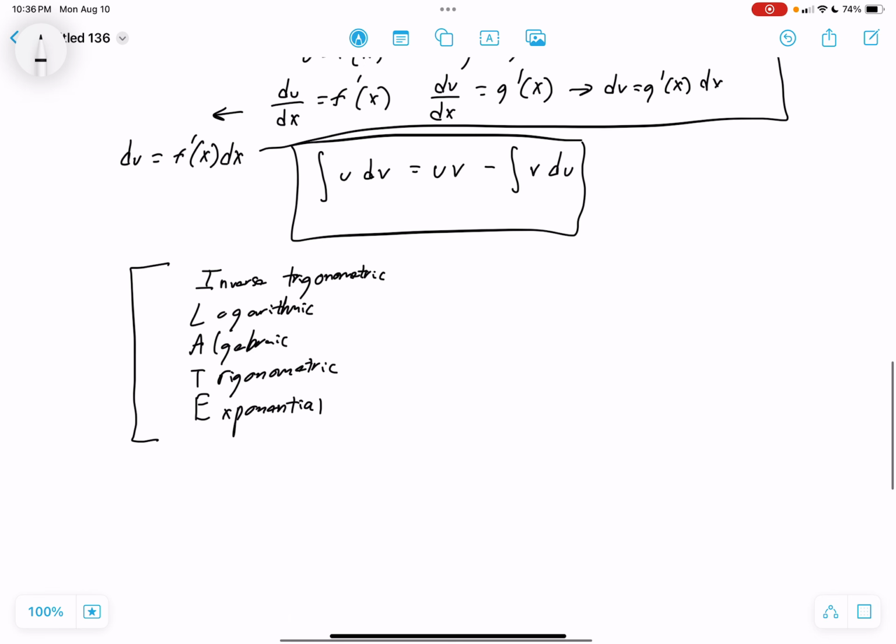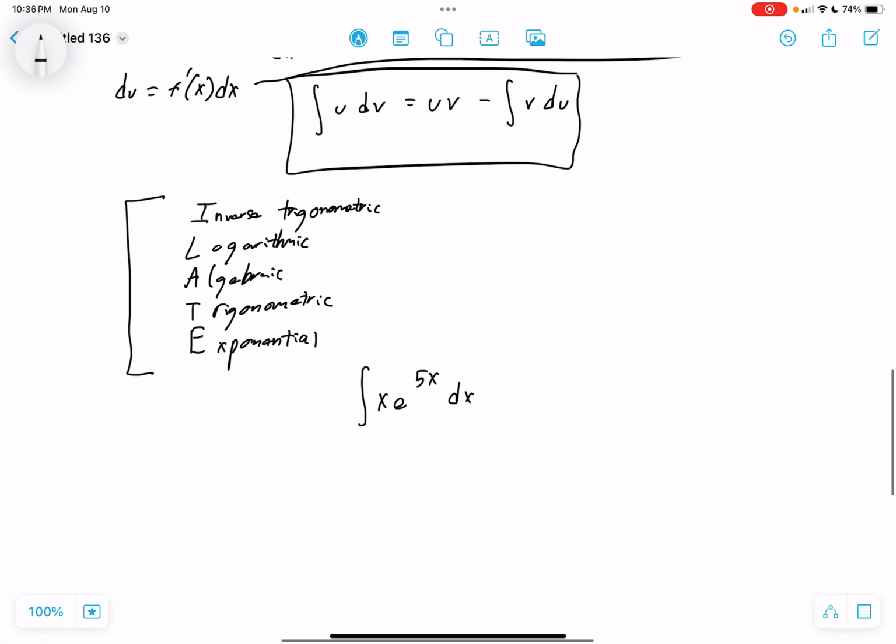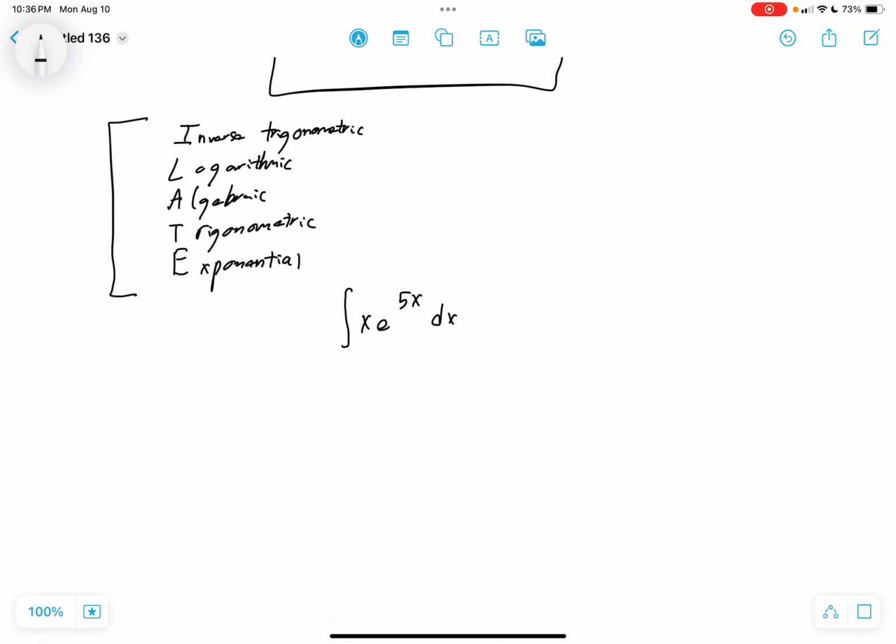So the first example is the integral of x e to the 5x dx. If we try to use normal integration techniques here, it's not going to work. But I can use integration by parts. I'm going to let my u be x, and I like making this box.